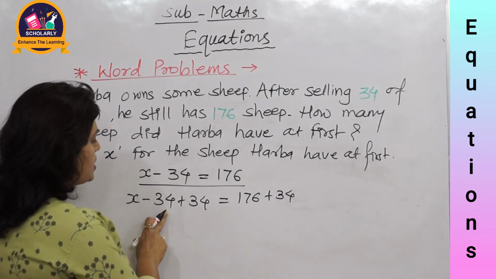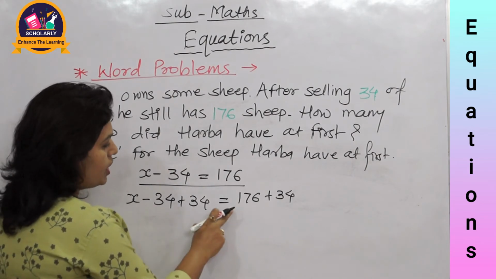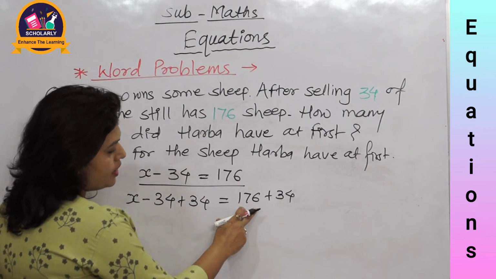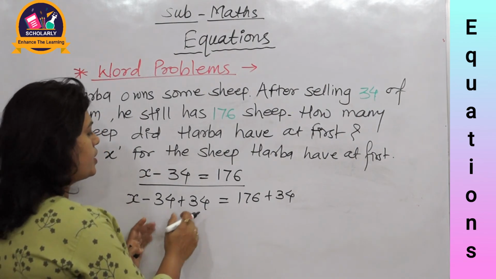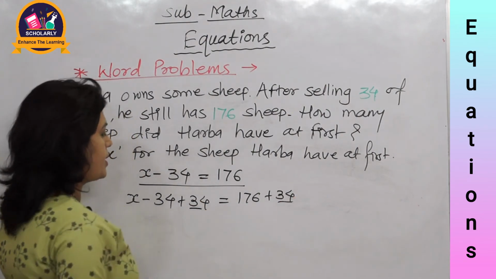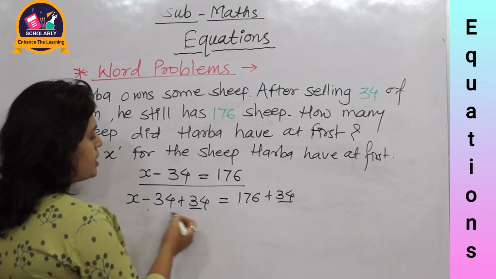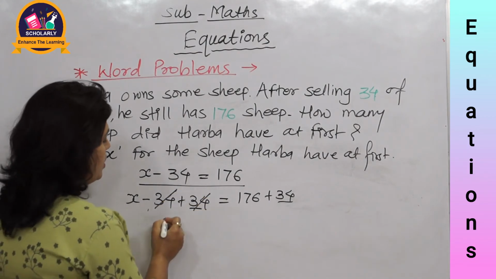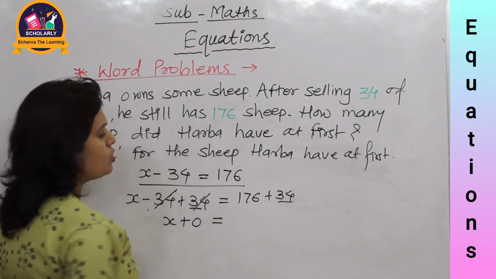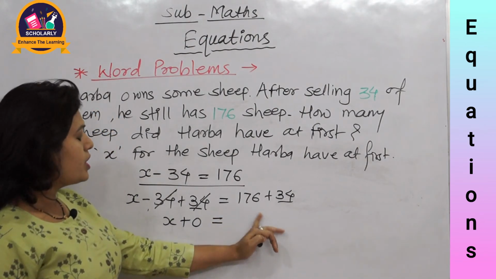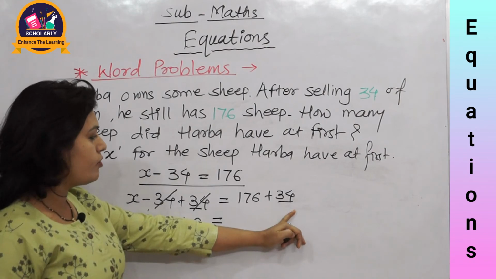So X minus 34 plus 34 equals 176 plus 34. We added 34 on both the sides. Minus 34 plus 34 got cancelled. We left 0 here. X plus 0 equals, then add these two numbers, 176 plus 34.